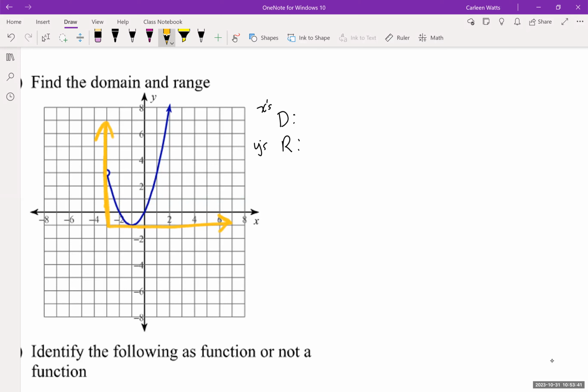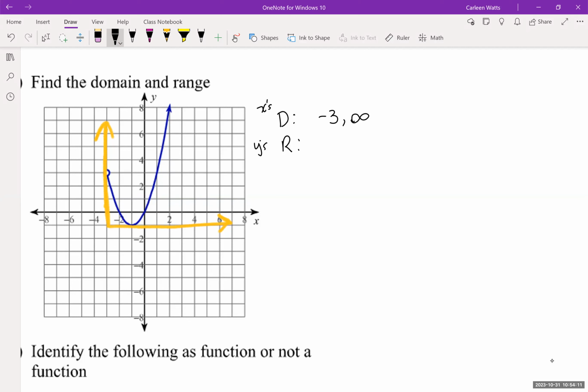Okay, so how about the x's? What is the smallest x value that gets used in this graph? All right, so -3. Okay, and the biggest x value used in the graph is positive infinity because it gets wider and wider.